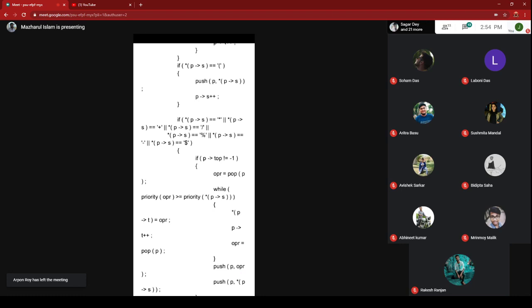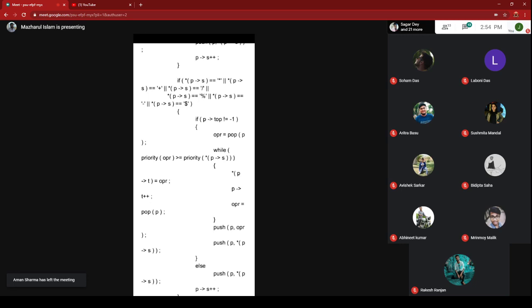If at any point your condition is not satisfied, then what is currently popped, you have to push it back. So that is why after this if block of code, after the while loop, there is one push function, and the character is pushed, and the scan char that you need to push again. So in this way, you are dealing with the scan char when it is an operator.